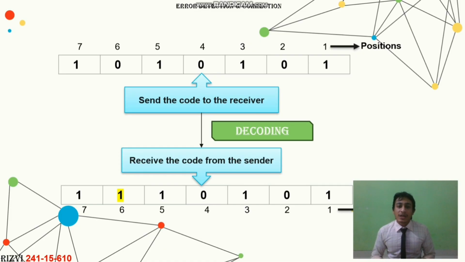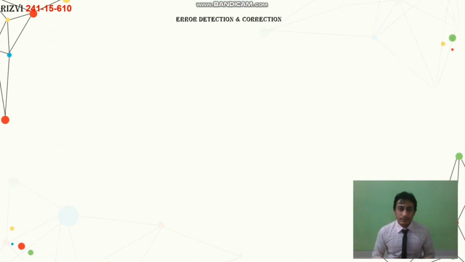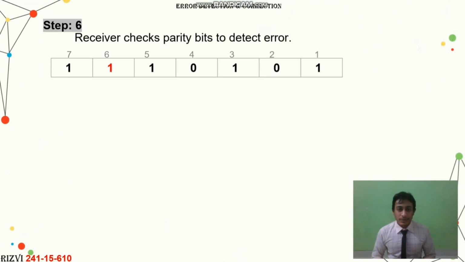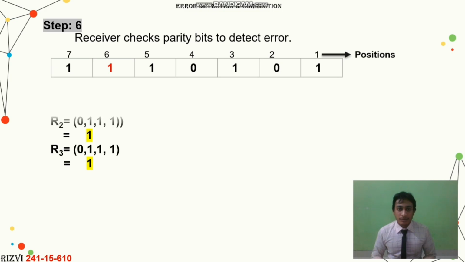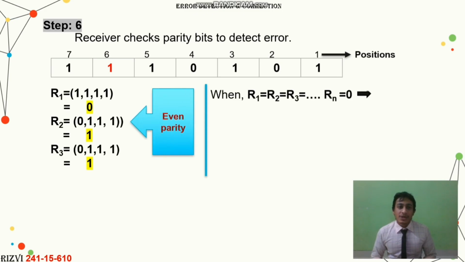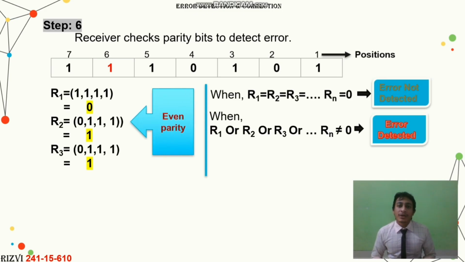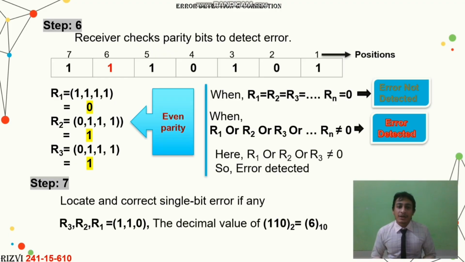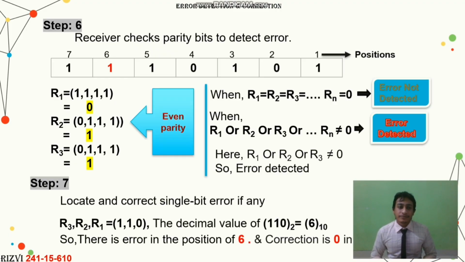Decoding: receive the code from the sender. Here the 6th position is 1, that is changed. Step 6: the receiver checks the parity bits to detect errors. Check even parity again.